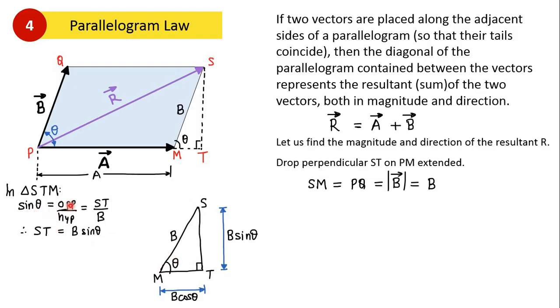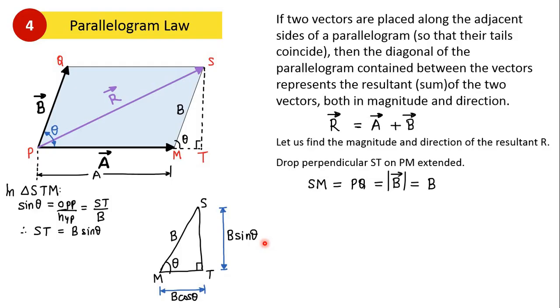Sin theta is defined as opposite side by hypotenuse. So for this angle theta, the opposite side is ST and hypotenuse is B. The side opposite to the 90-degree angle is called the hypotenuse, which is B. So from here we can say ST is equal to B into sin theta by cross multiplication. We got this value ST is equal to B sin theta.